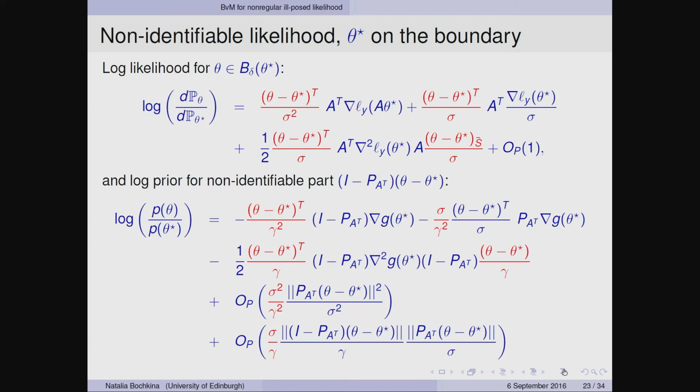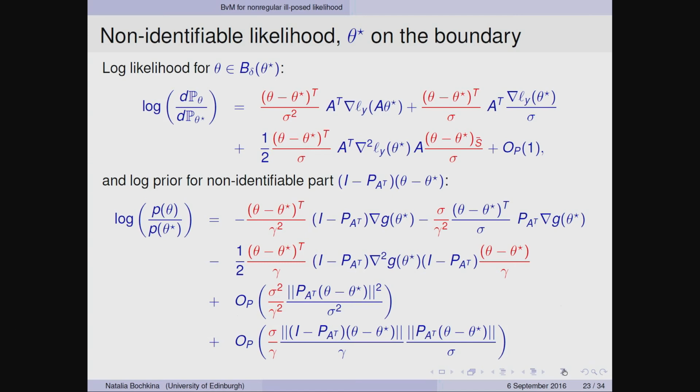And here we use the decomposition of the log of the prior distribution, which would affect the posterior inference on that part of the parameter space. And this is just a Taylor expansion. Again, there could be a first-order leading term if the derivative of the prior is non-zero, and otherwise the second term will be leading, giving the Gaussian prior.